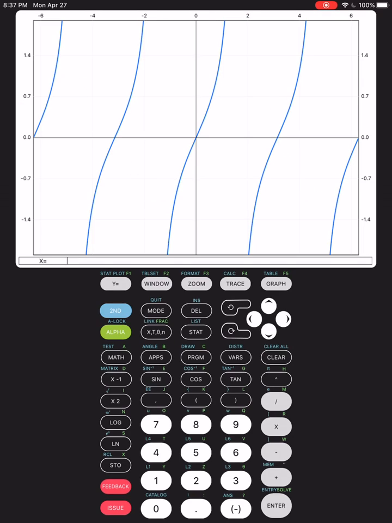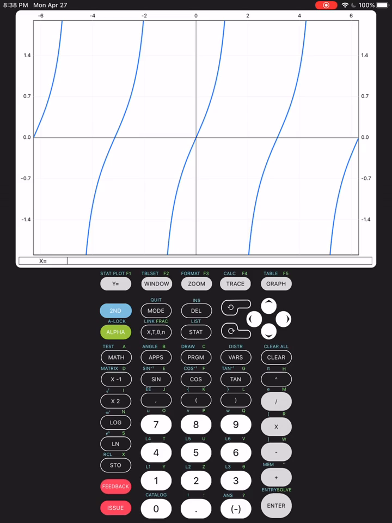Okay, so our tan graph looks pretty crazy. On some graphing calculators, you may see it, but the tan graph actually has asymptotes. The reason for that is, if you remember, tan is equivalent to sine over cosine. So whenever cosine is 0, you're going to have an asymptote on your graph because we can't have 0 as a denominator.